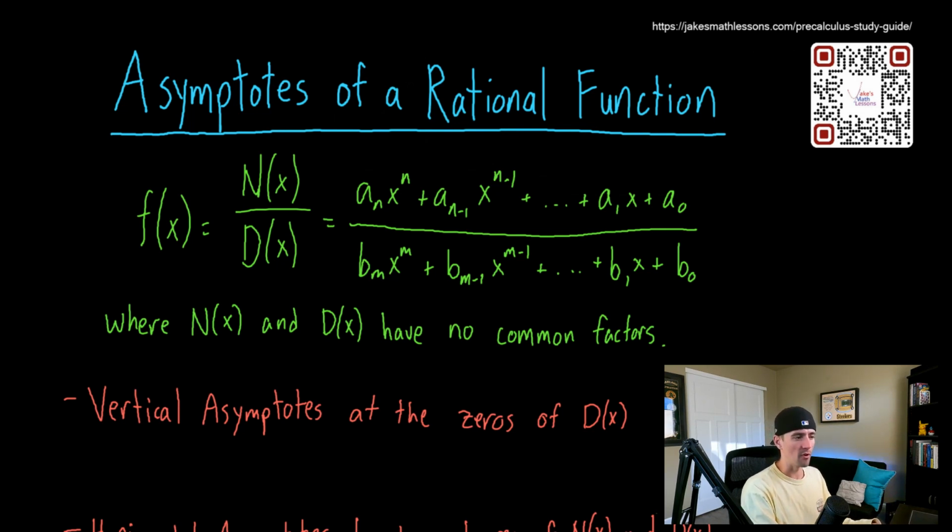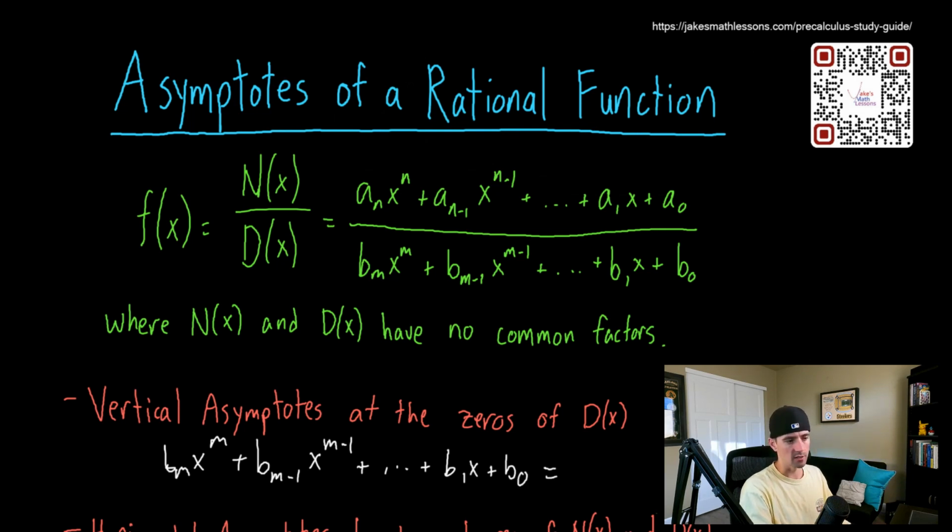If you find the zeros, so basically take your entire denominator function, b1x plus b0, take this whole thing, set it equal to 0, solve for x.